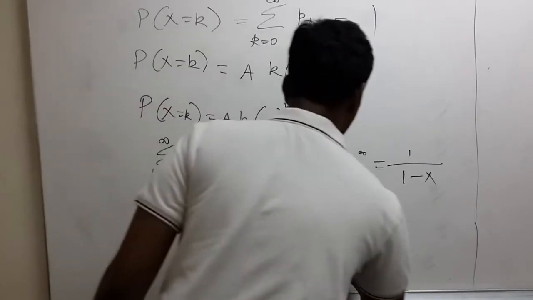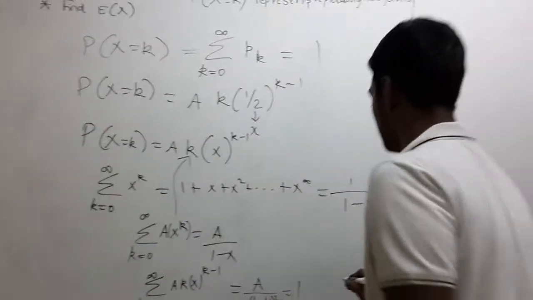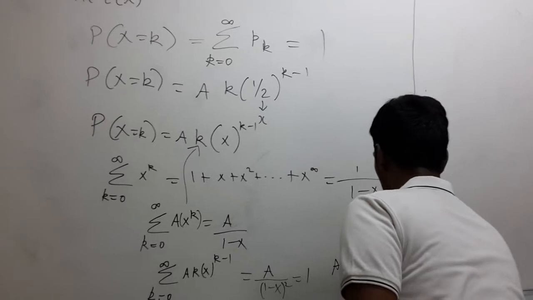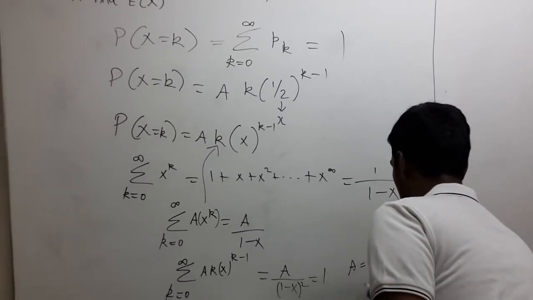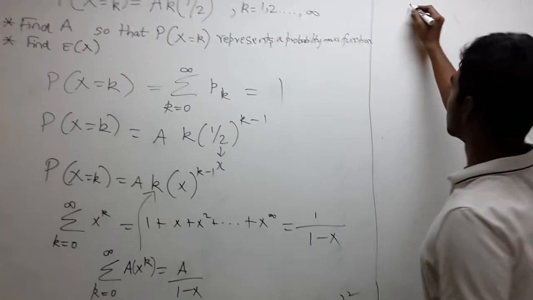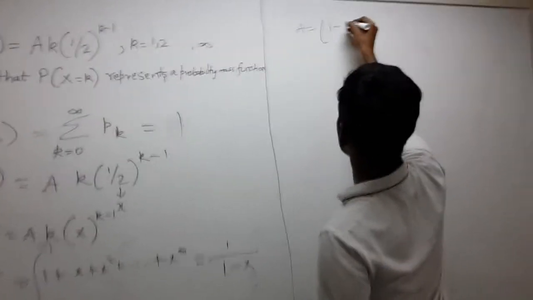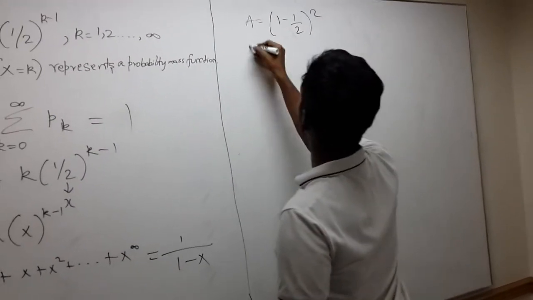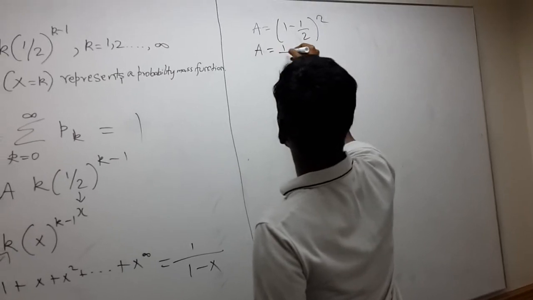This term is in turn equal to 1. So we have a equal to (1 minus x) the whole square, and we have x equal to 1 by 2. So a is going to be equal to (1 minus 1 by 2) the whole square, and a is going to be equal to 1 by 4.